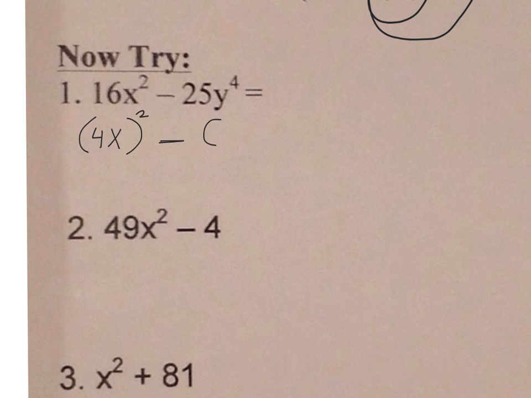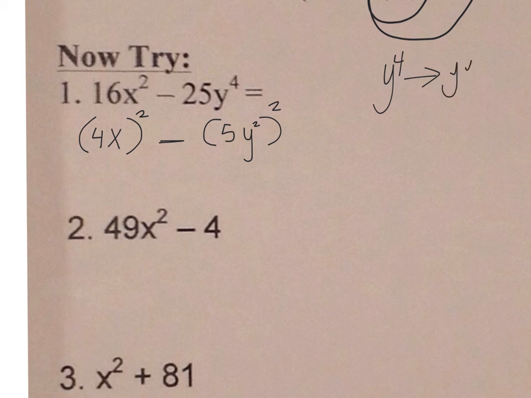Minus the second term. So is the second term a perfect square as well? I know that 5 times 5 is 25. I know that y squared times y squared is y to the power 4, so that is a perfect square. Because every time you have an even power, you can write it as a square of something.